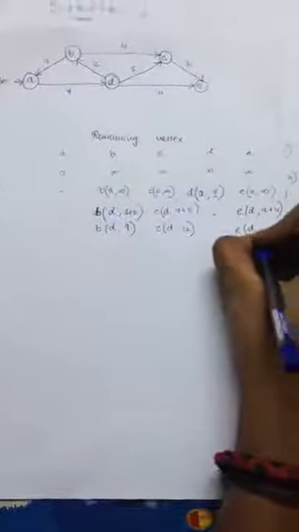Now similarly for E. You can access E through D by A to D, which is 7, plus D to E, which is 4, so D comma 11.